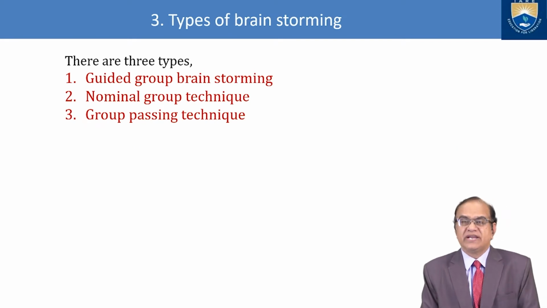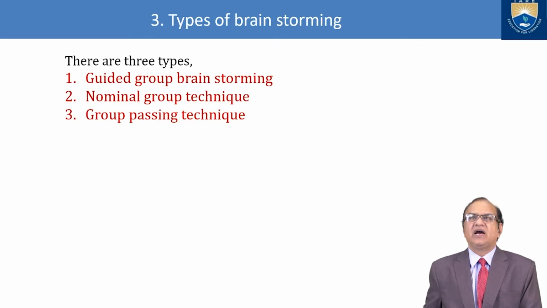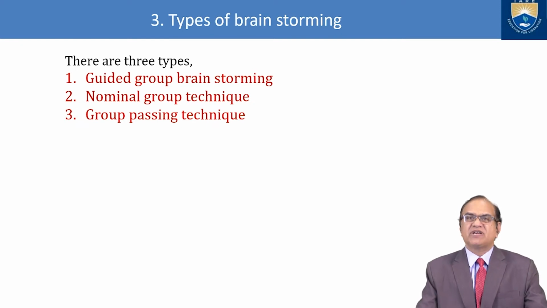Now, the next step out of the 7 is the brainstorming session. In this there are 3 types of brainstorming sessions. One is the guided group brainstorming session, then the nominal group technique, and the group passing technique.